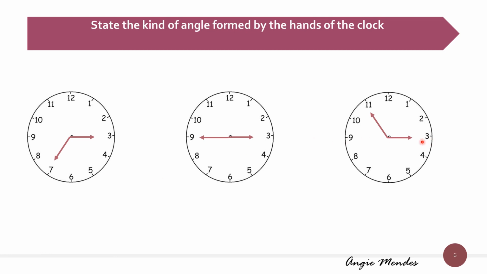How about this one? When the hour hand is at 3 and the minutes hand is at 11. Is it a big angle? A small angle? Okay, it is an obtuse angle. Well done.